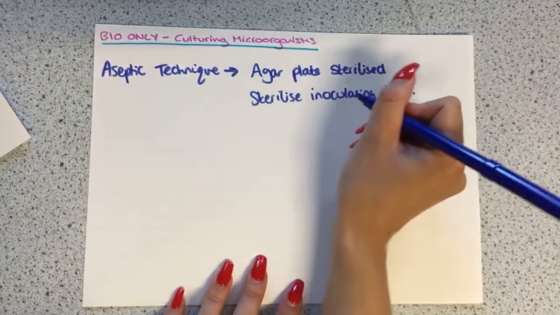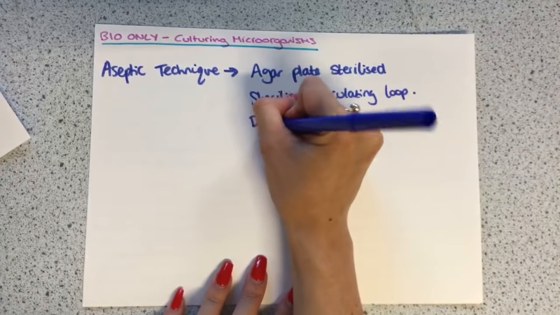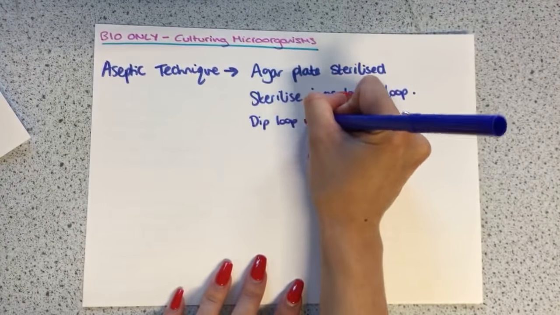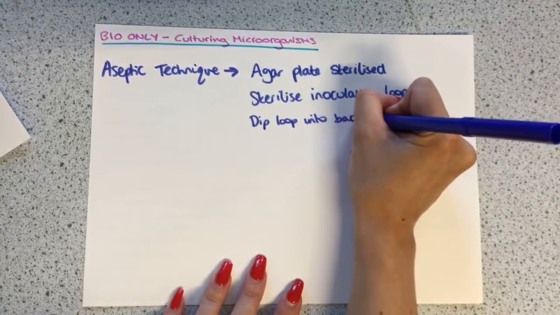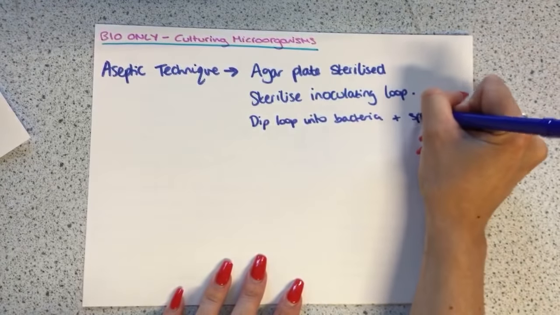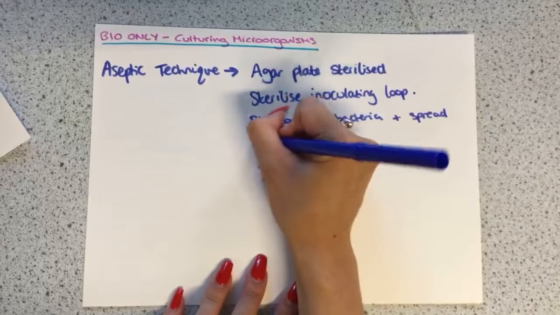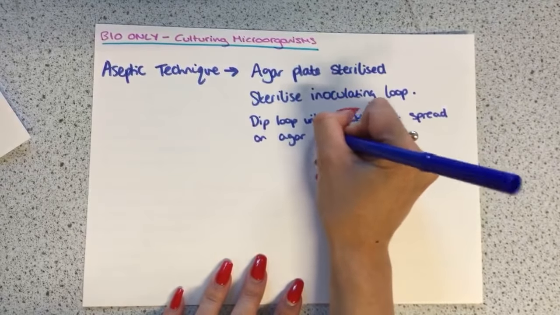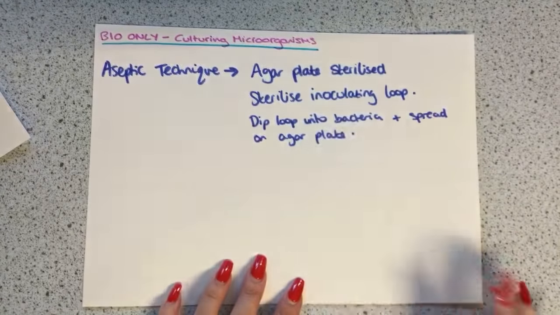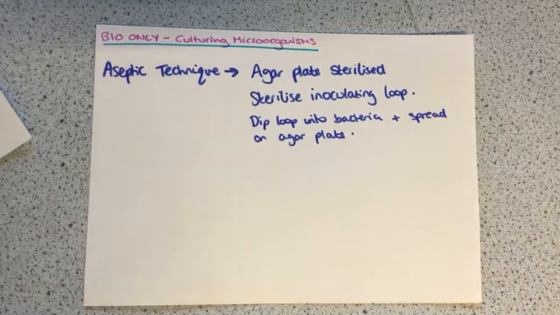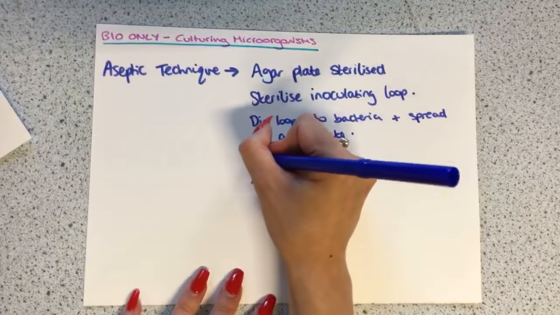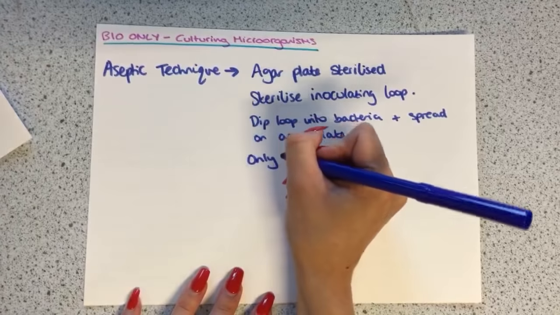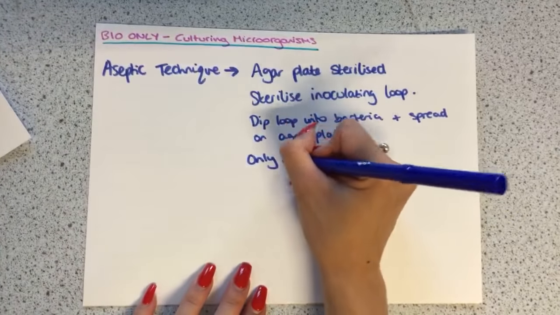Then you're going to dip the loop into your bacteria and spread it on your agar plate. And when you are doing this, you need to make sure that you do not take the lid off before you need to. So only remove the lid for as short a period of time as possible.